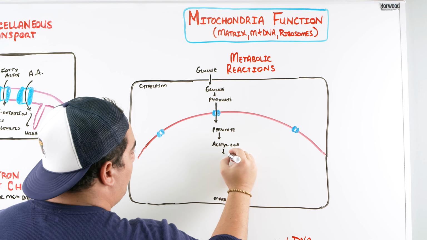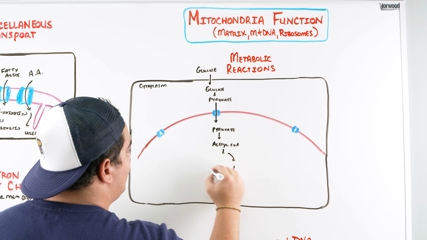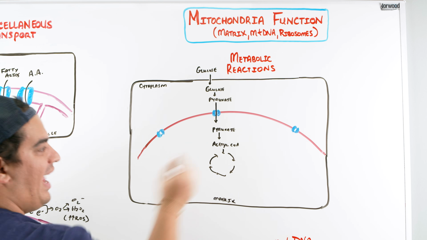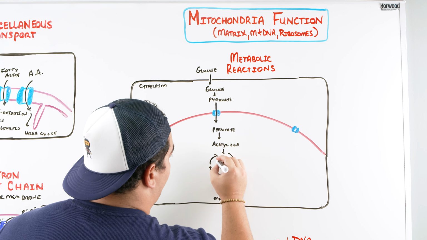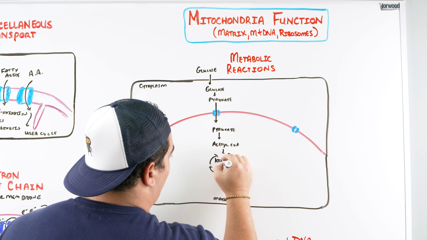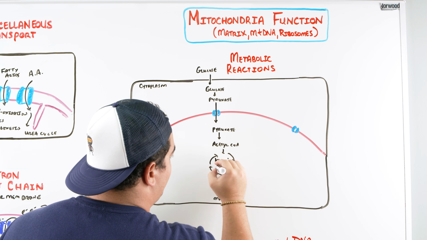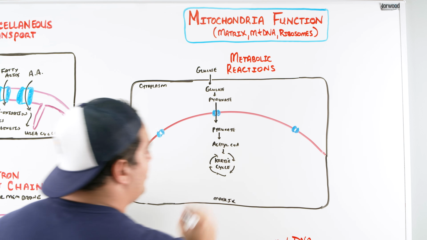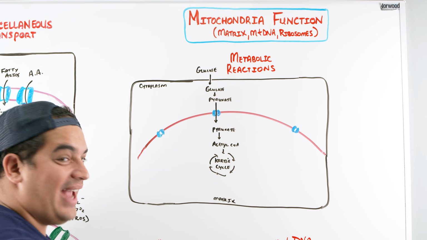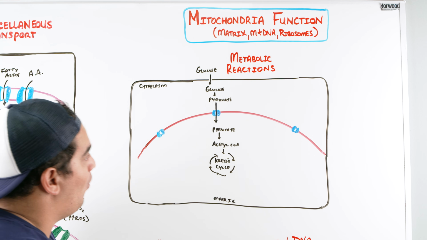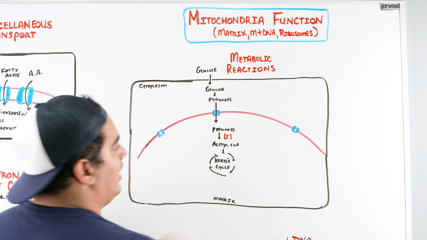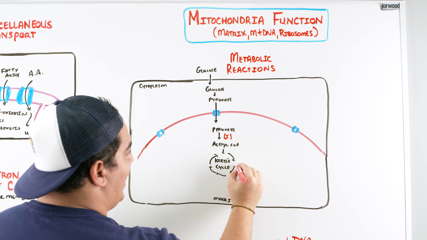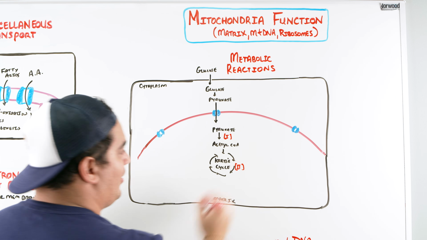And then acetyl-CoA will go through a series of steps, which I don't want to talk about every single substrate. We'll do that later in biochemistry. But this process where it goes through this cycle is called the Krebs cycle. And so what you're seeing is two particular reactions that are occurring here so far. One is the conversion of pyruvate into acetyl-CoA, and the second is the Krebs cycle.